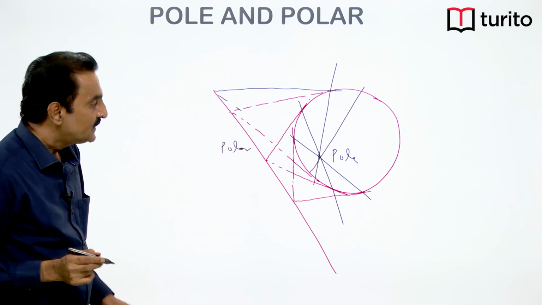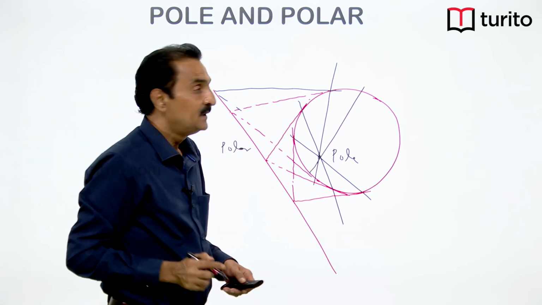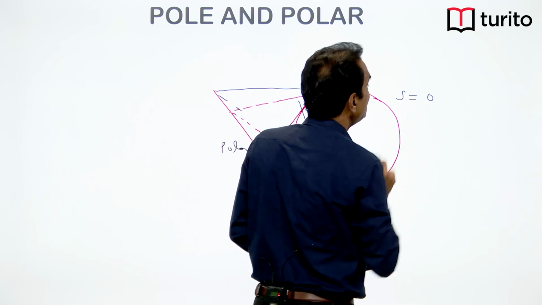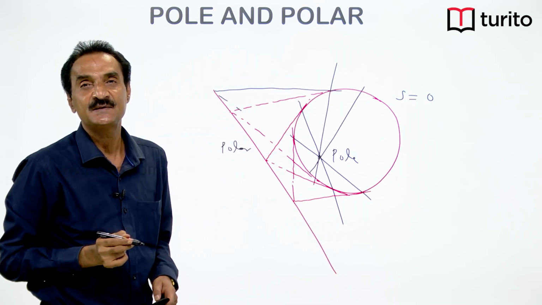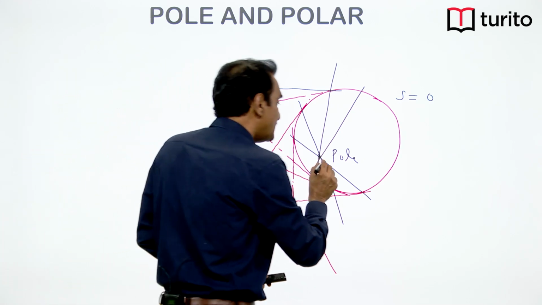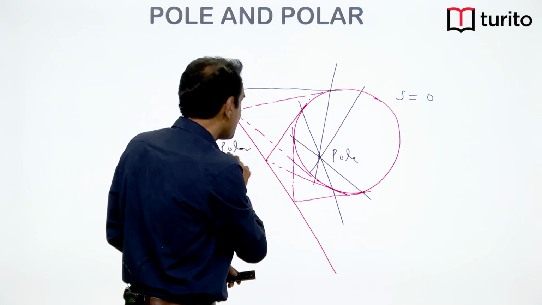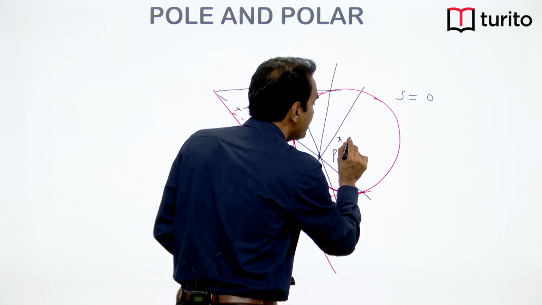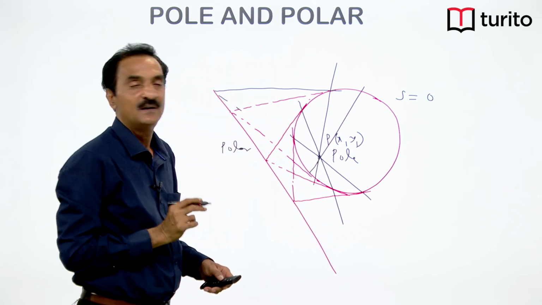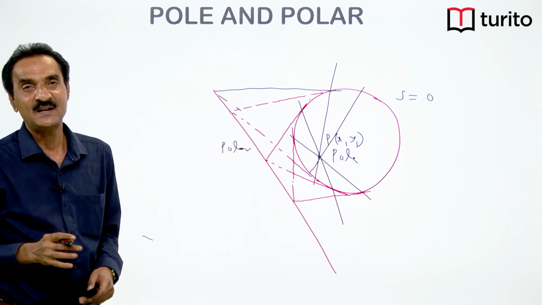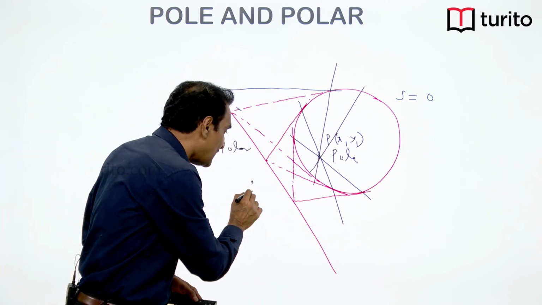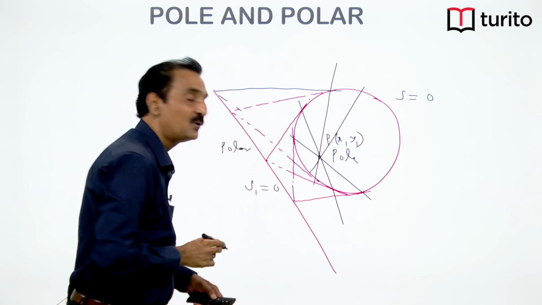Okay. Now, if the equation of the circle is S is equal to 0, then the equation of the polar of a point P(x1, y1), suppose the pole is (x1, y1), will be given by the formula S1 is equal to 0.